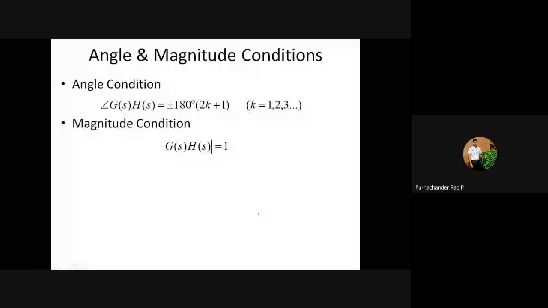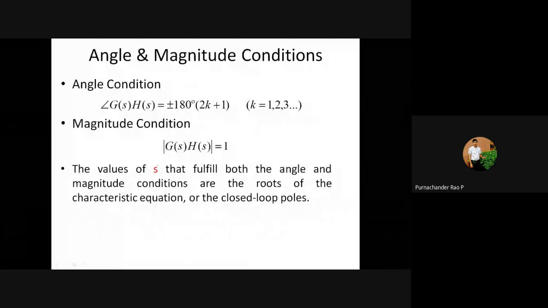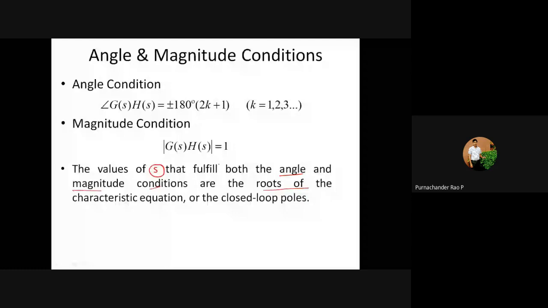The values of s that fulfill both the angle and magnitude conditions are the roots of the characteristic equation, or the roots of the closed loop system, which are called the closed loop poles.